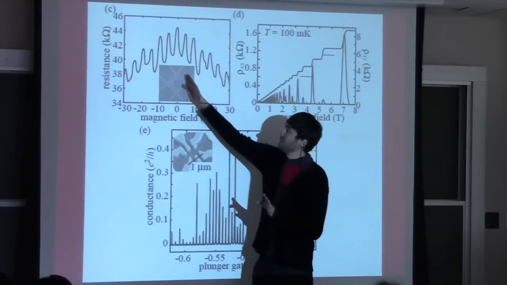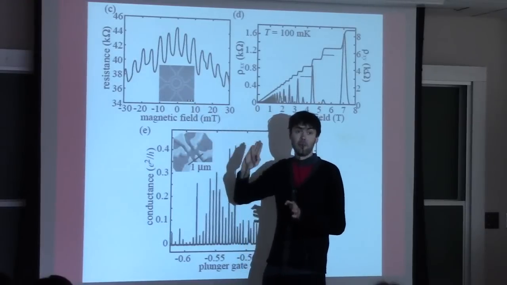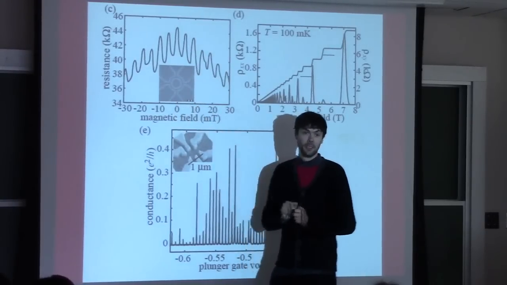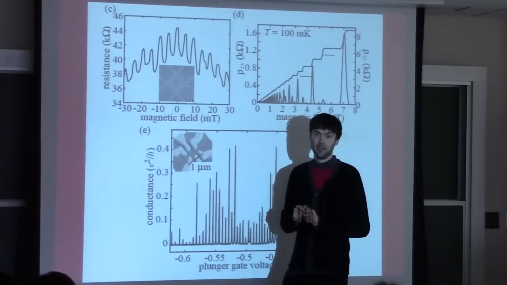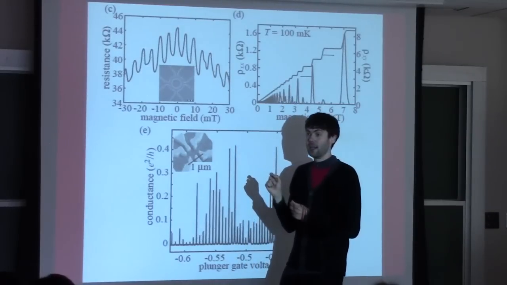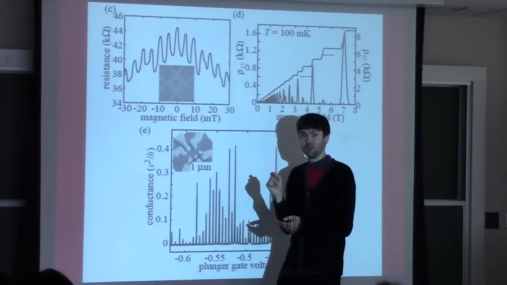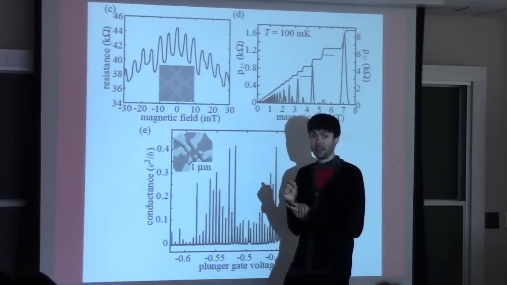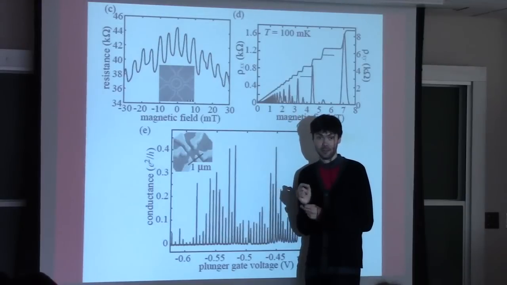So if the geometry is perfectly symmetric, maybe it will get the same phase and we will get constructive interference at the end. But if there is magnetic field present, then we have to include the gauge vector potential in the evolution of this phase, yeah, and that is called the Aharonov-Bohm effect.